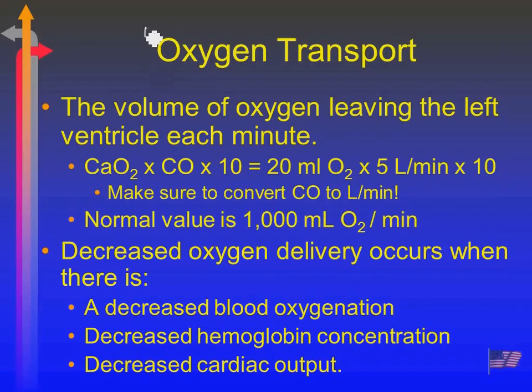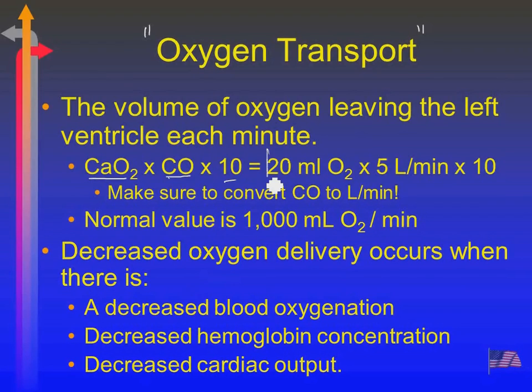This concept of oxygen transport is basically talking about how much oxygen we're actually moving to the tissues. And it's a combination of that oxygen content, which we have just been calculating, multiplied by the cardiac output, and a factor of 10.